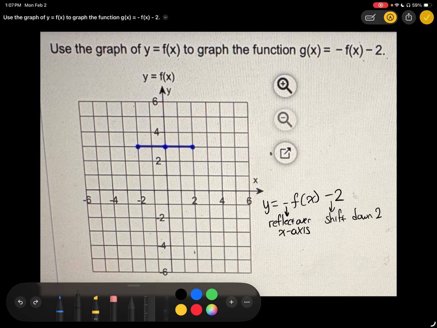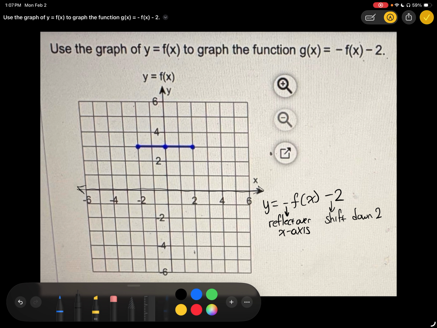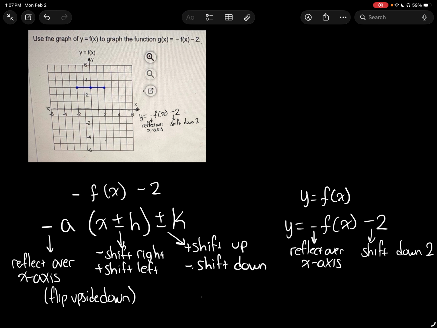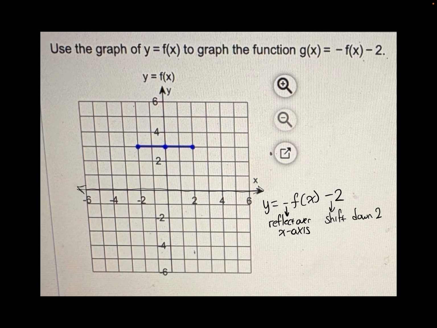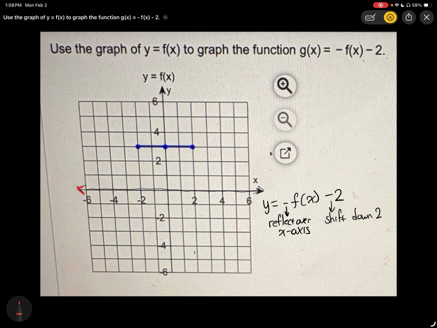Instead, we're going to reflect over the x-axis. So our x-axis is right here. Bigger, I'm sorry. There we go. All right, so this is my x-axis. Okay.